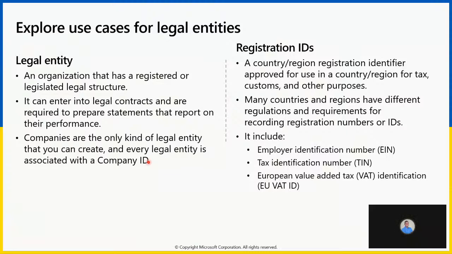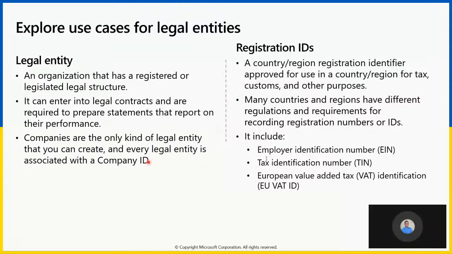So a legal entity is an entity on its own that has its books, or let's say, for instance, the entity has its own chart of accounts, its own structures when it comes to finance. So that company will have its own legal entity on the ERP.